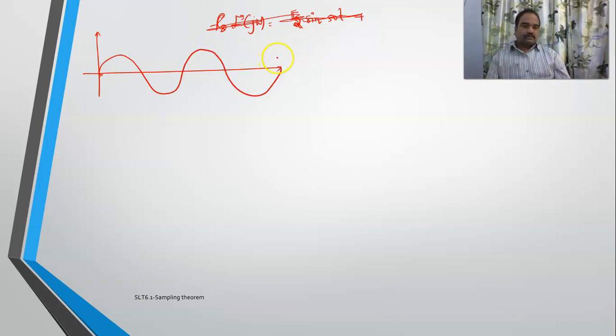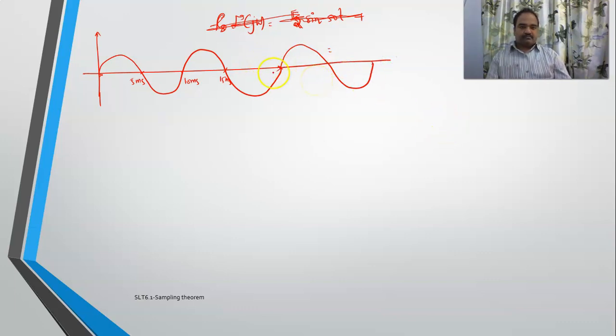Now let us suppose this is a signal which is having somewhere around 5 milliseconds, this is 10 milliseconds, this is 15 milliseconds, 20, this is 25, and this is 30. Okay.